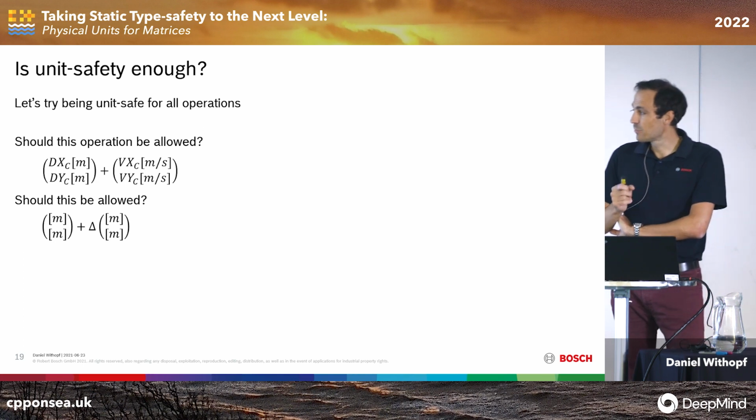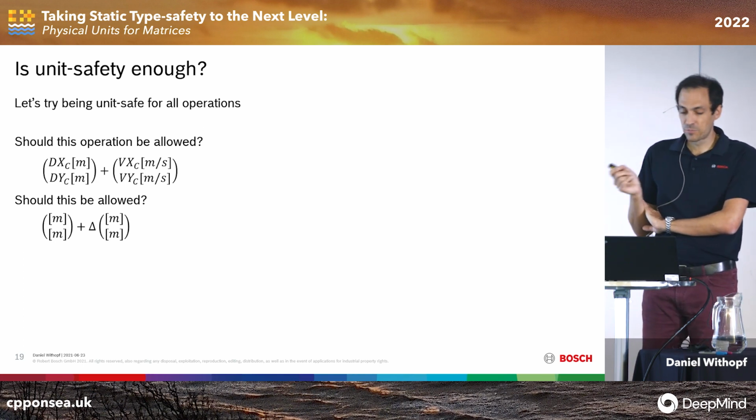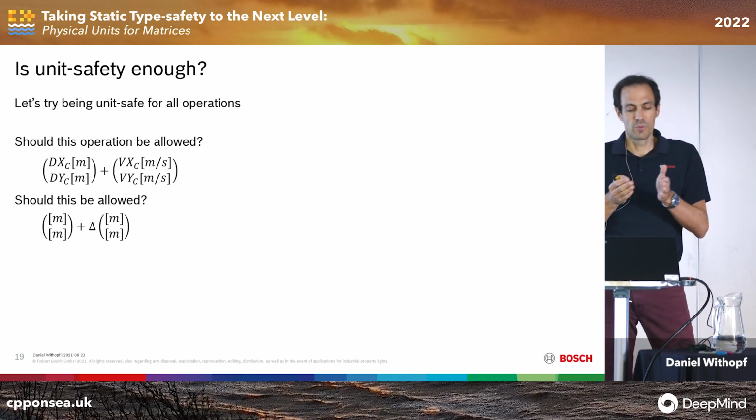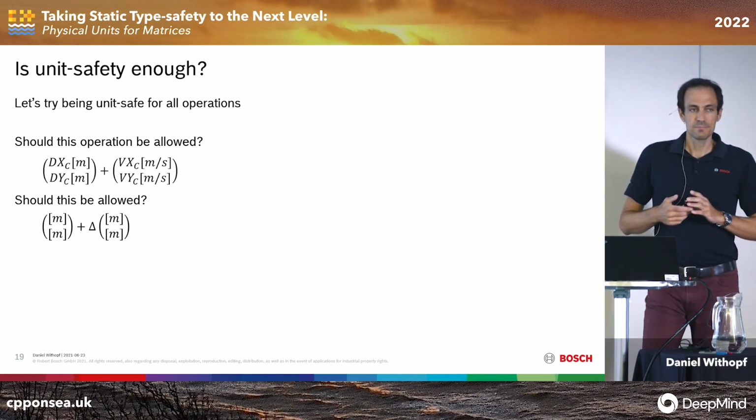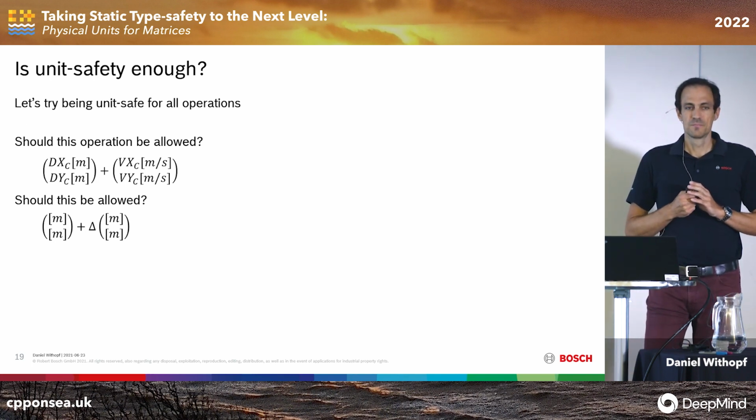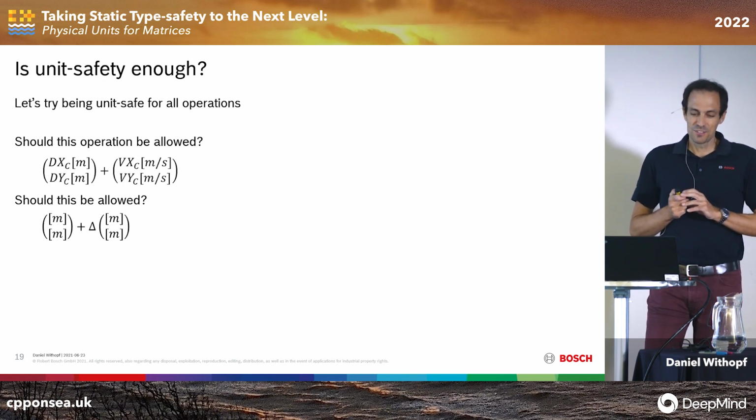Next question, a little bit more complex. Should this be allowed? If we have a position vector with a unit of meters, and we add a displacement vector also with a unit of meters to that vector, should that be allowed? I see people nodding. In general, yes, this should be allowed, but this time it's not that easy.